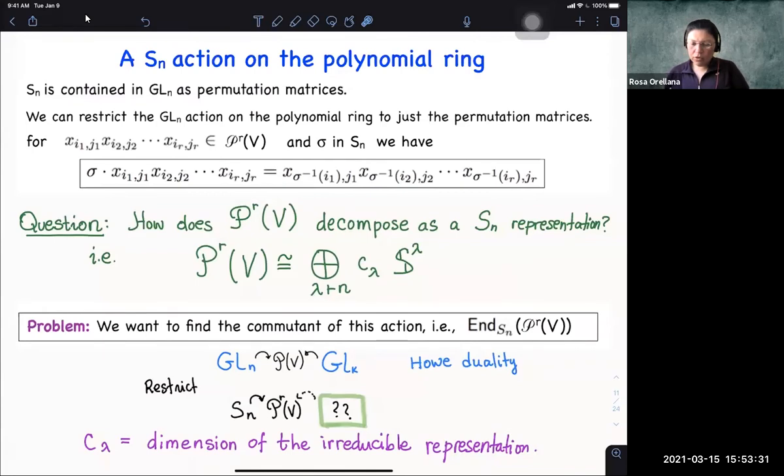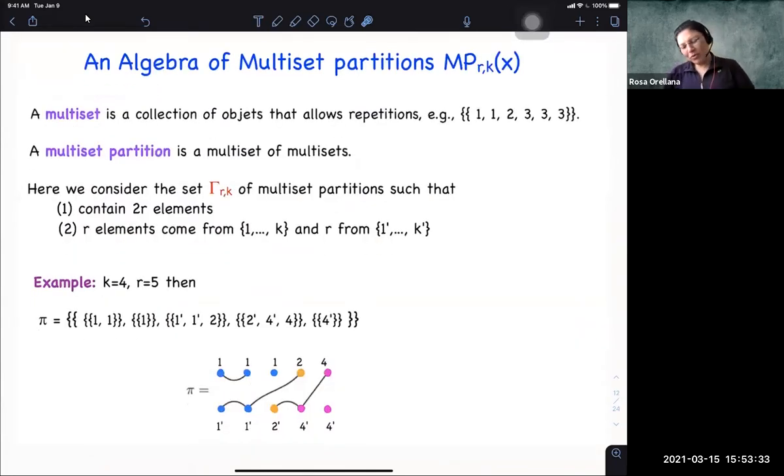And what we found is a new algebra. Remember the partition algebra, but now this one is still a partition, but of multisets. Before we had partitions of sets, now we will have partitions of multisets. I tried to do it with colors so that it looks pretty. Remember that a multiset is simply a set that allows repetitions.